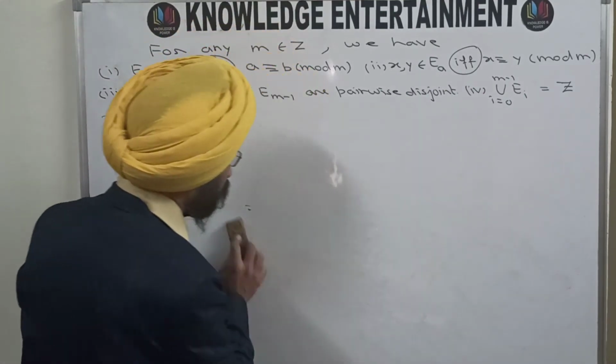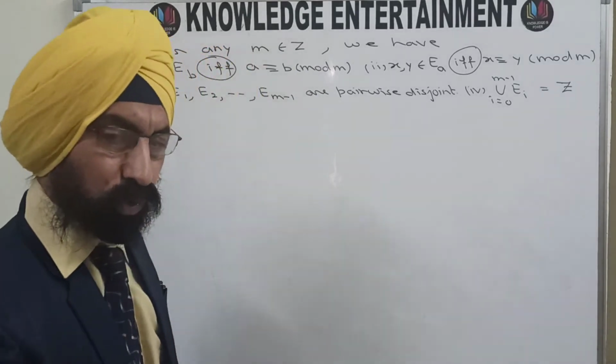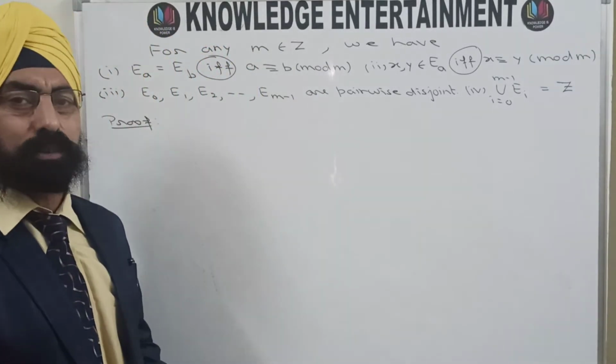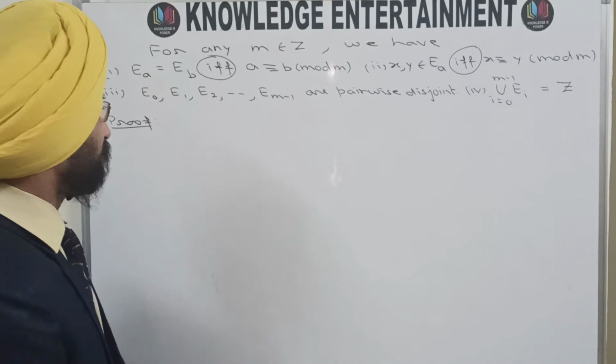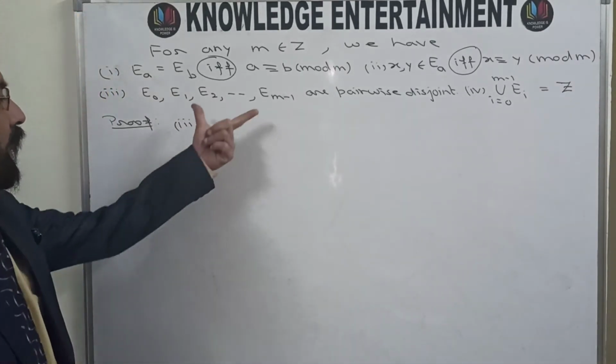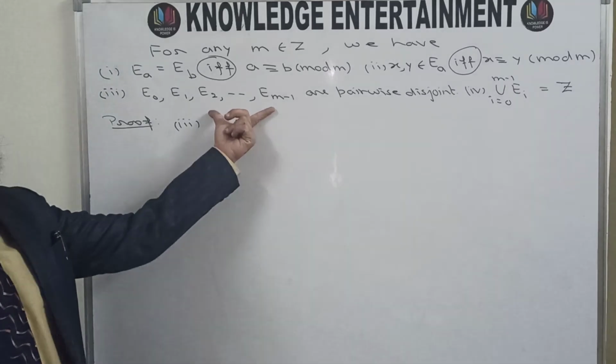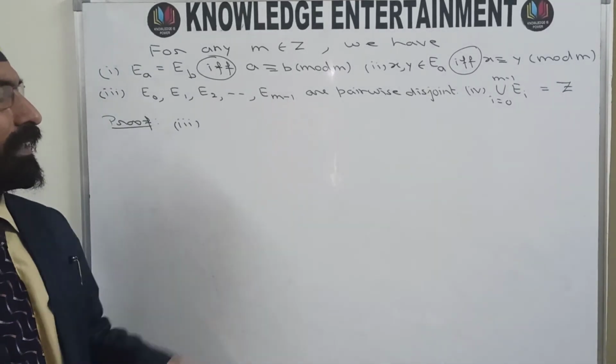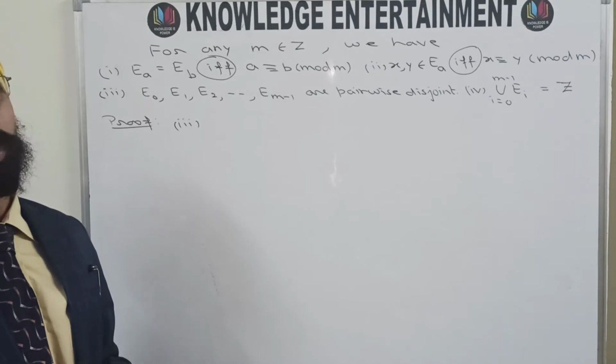Now moving on to the third part. The third and fourth parts are really very important, useful for upcoming theorems, properties, articles and lemmas. What is the third part now? We have to show that these E0, E1, E2, up to EM minus 1 are pairwise disjoint.